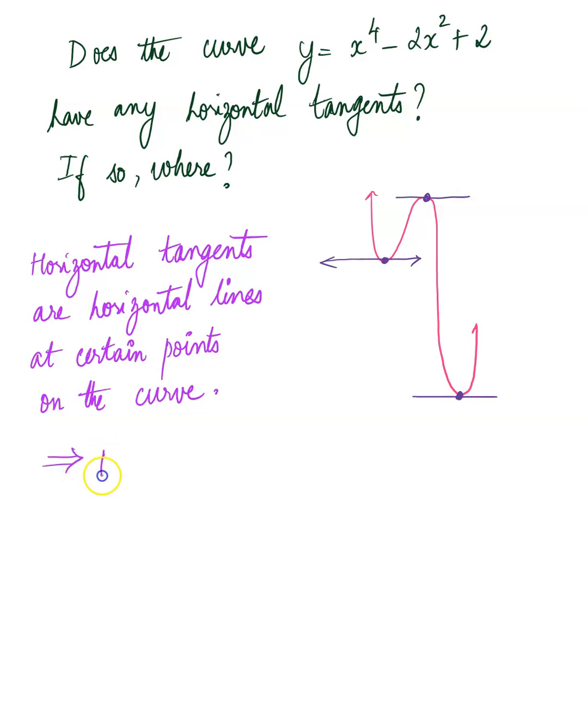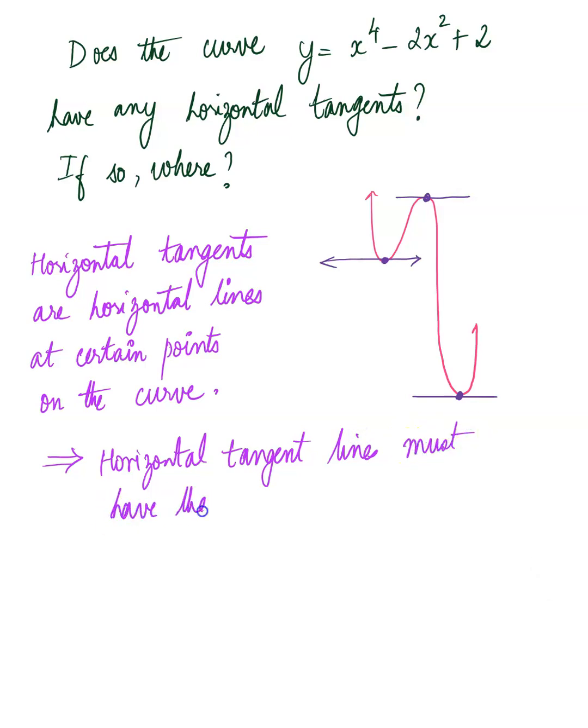This implies horizontal tangent lines must have their slope as 0, at those points, whatever those points are.